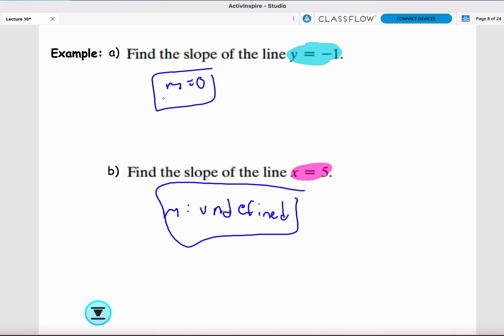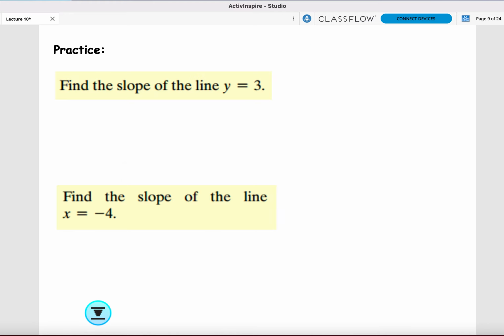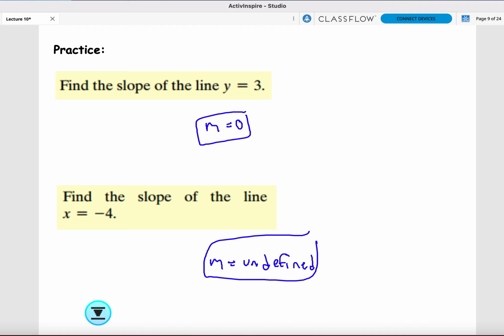If it's a horizontal line, it's 0. So this is horizontal, and this is a vertical line. Keep that in mind. So practice, find the slope of the line y equals 3, x equals negative 4. Just remember, these are just practice problems, so don't overthink it.